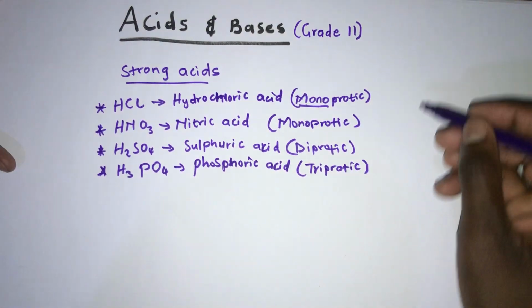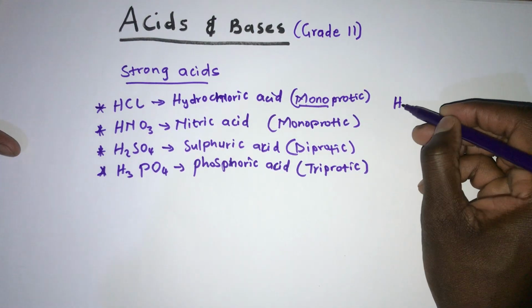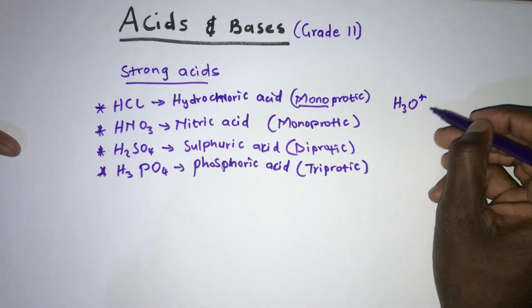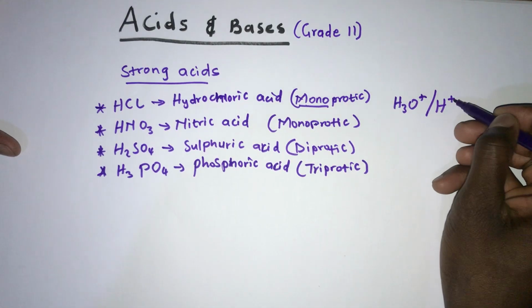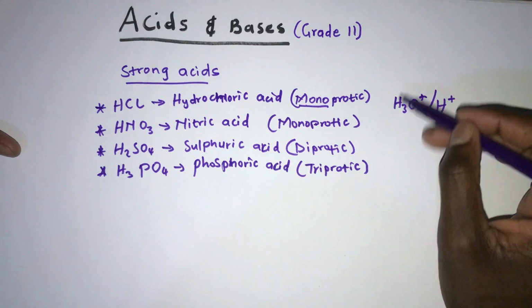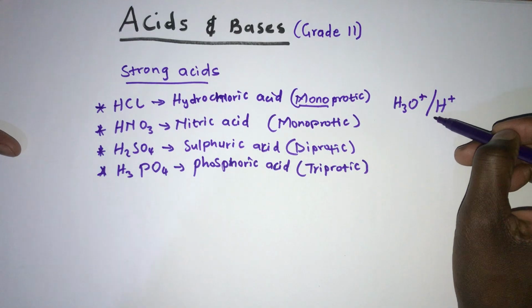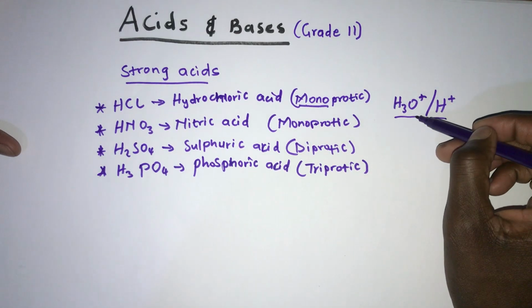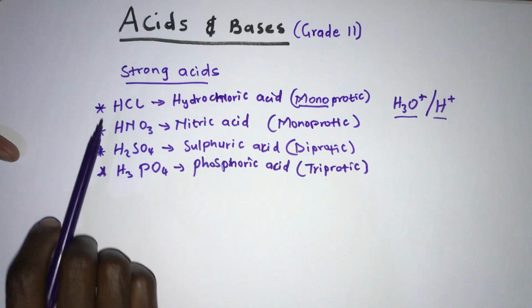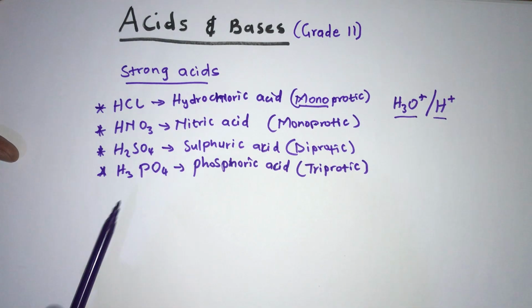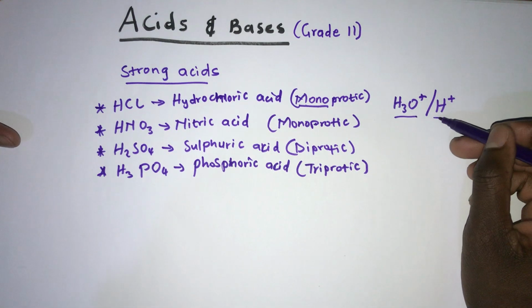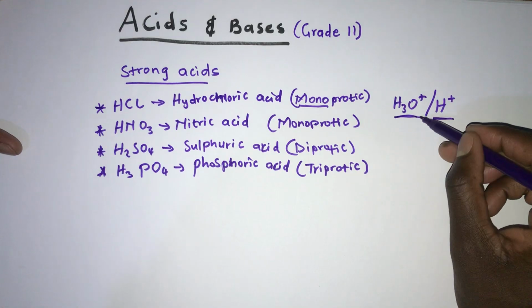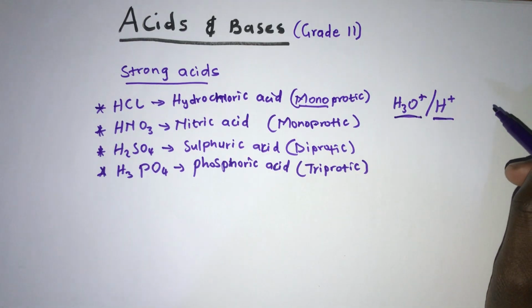So the strong acids form H3O plus or H plus. If you check, there is hydrogen here, so they're going to form either hydrogen ion or hydronium ion. That's why we consider them as strong acids.